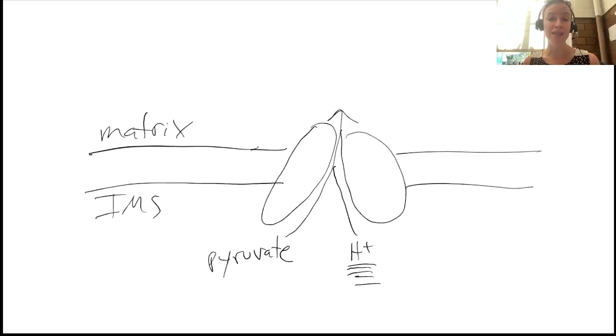As we will learn next time, even though I know most of you already know this, there is a huge concentration gradient in the inner membrane space that we call the proton gradient, right? There are so many protons here that one falling through this transporter powers the translocation of pyruvate. That is the pyruvate translocase.